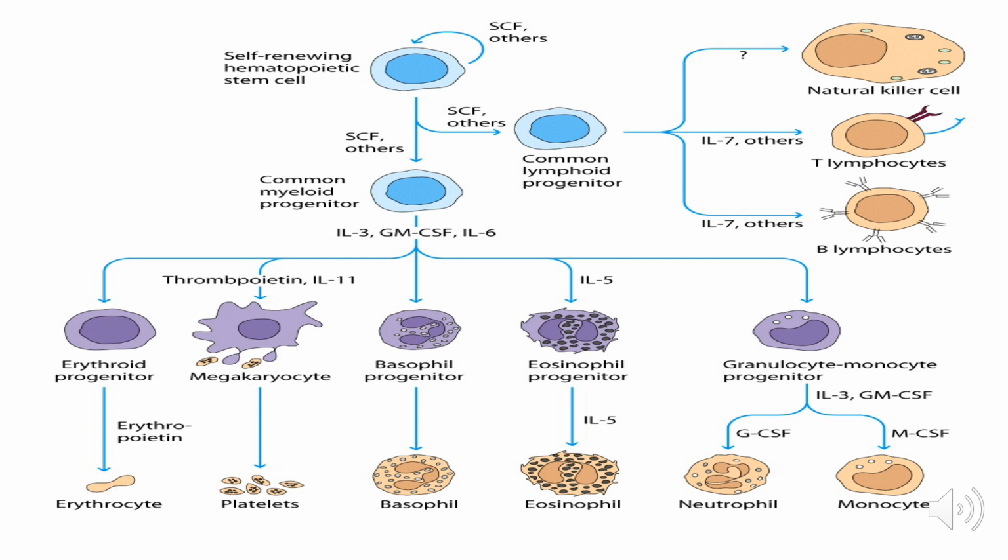Now, after the effect of interleukin 7, this hematopoietic stem cell will become the common lymphoid progenitor. The action of interleukin 7 on the common lymphoid progenitor will make it differentiate to form the T cells and the B cells. But if that common lymphoid progenitor is acted upon by interleukin 15, then it will commit to form the natural killer cells.